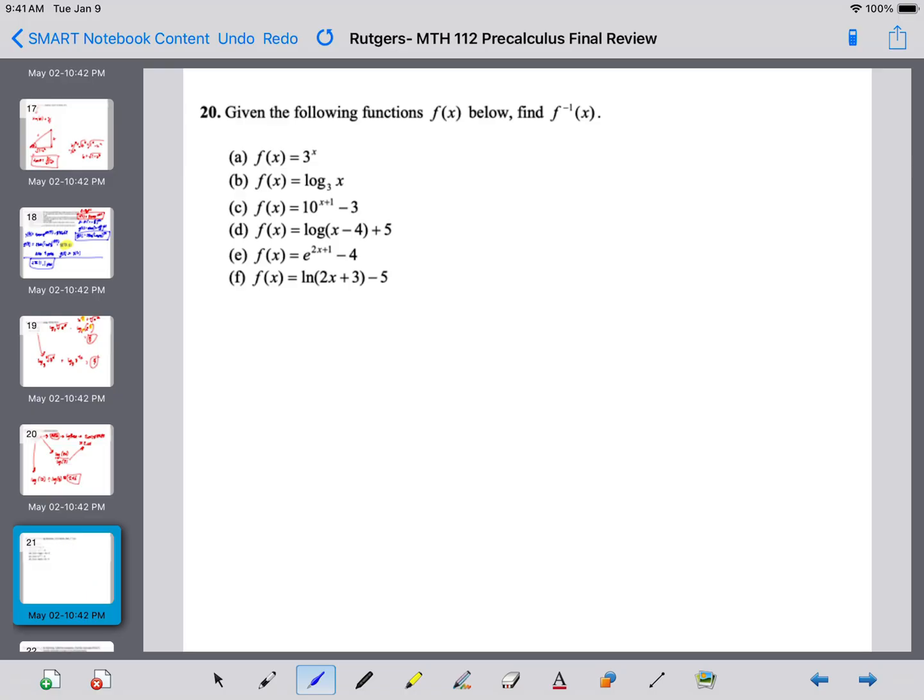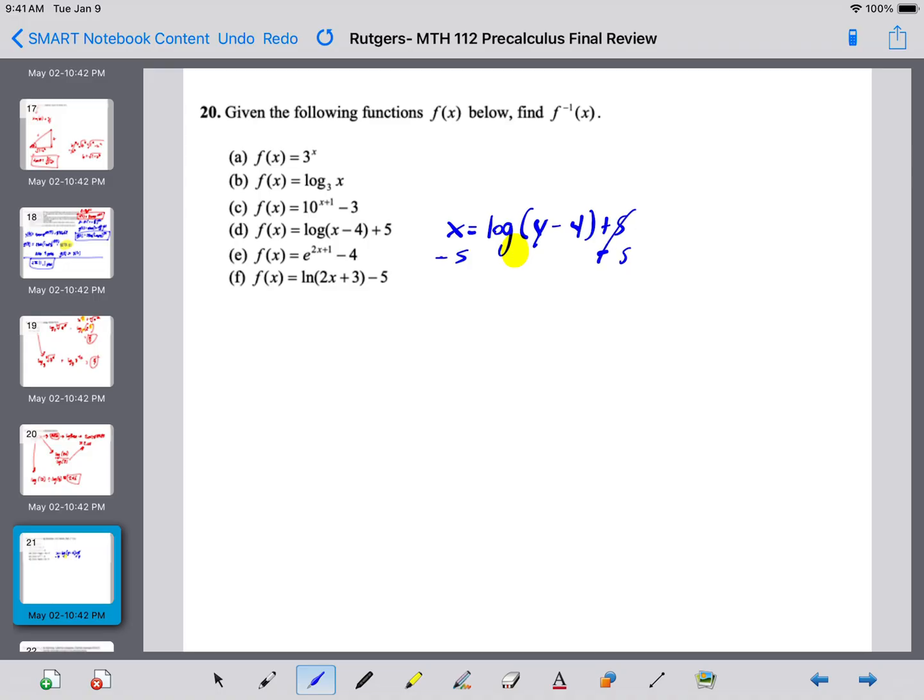Question D. Again, I'll switch the x and the y right to begin with: x equals log of y minus 4, plus 5. We switched the x and the y already, so we're looking at the inverse. We want to solve for y. Remember, if it's the common log, it's base 10. You also have to isolate the log first. Subtract your 5.